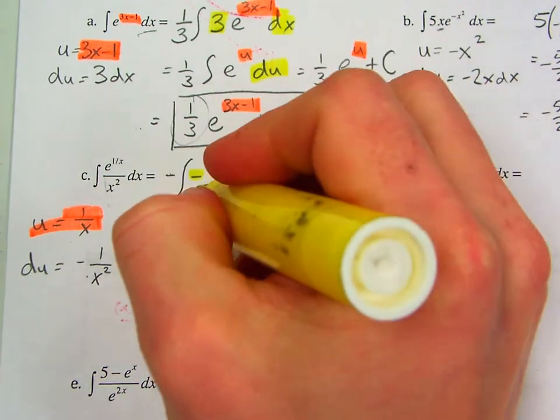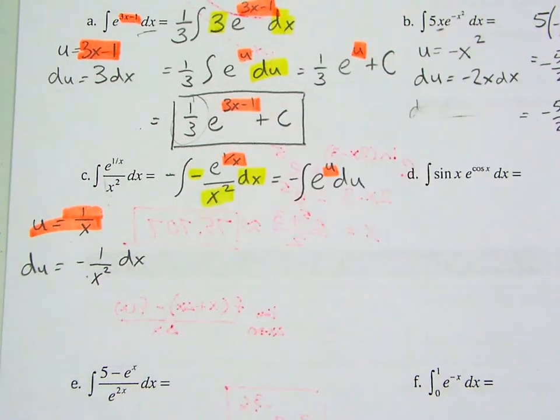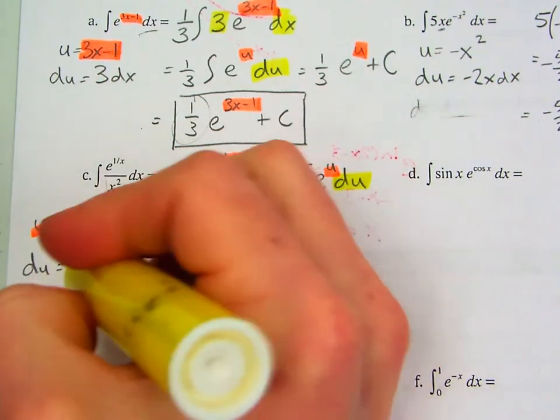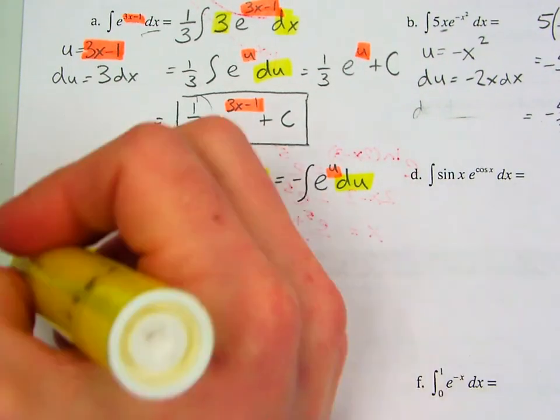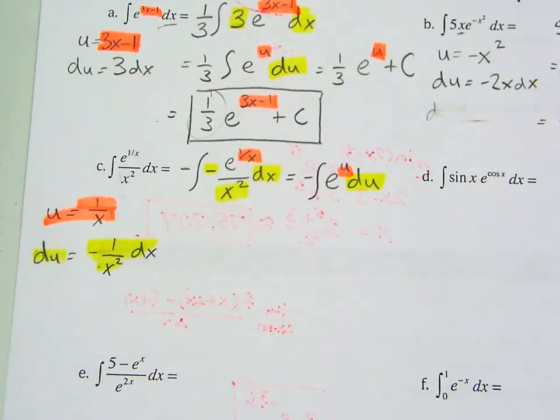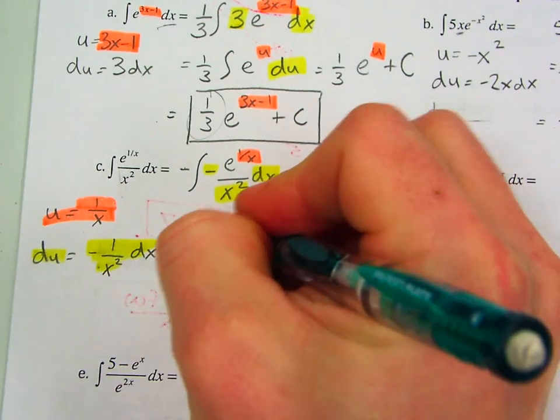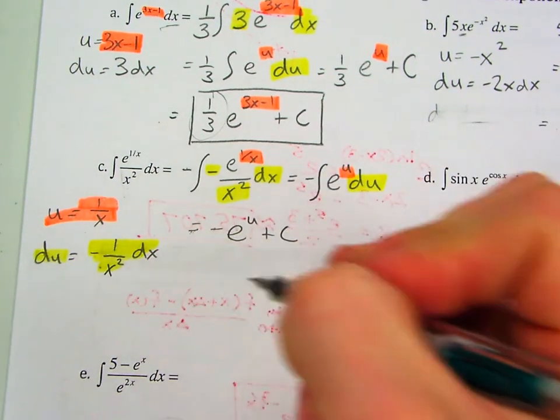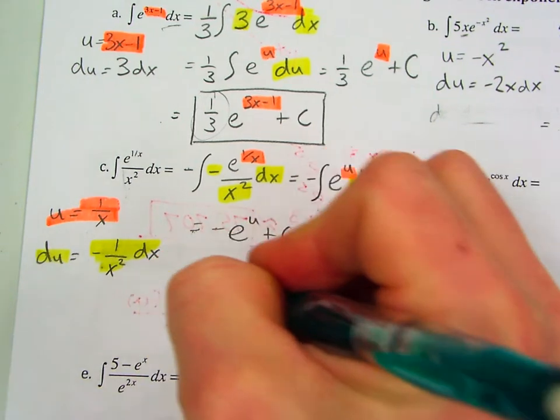So negative 1/x squared dx just changes into du. All right, and the integration is fairly easy. Negative e to the u plus c, and then simply substitute u back in.